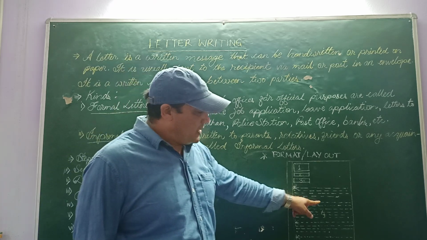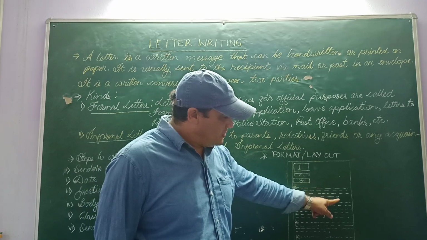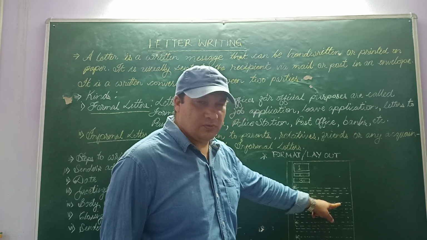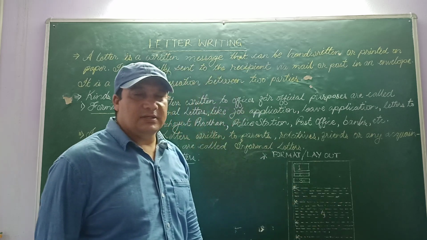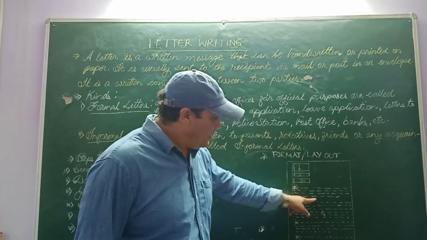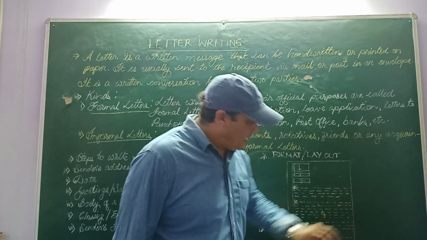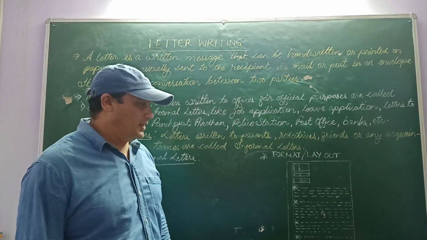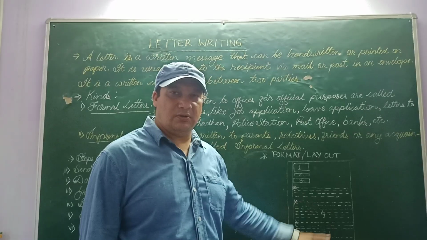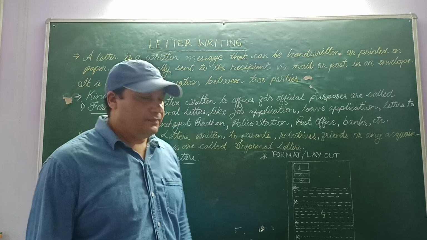Now, the next paragraph in the old pattern used to begin just after you had finished the comma or full stop, and then the line used to begin there. But now that is an outdated pattern. Write in the same margin, leaving one line, write in the same margin, right? The second paragraph is the content paragraph, the matter paragraph. Here we write the matter, the content, the reason why we write the letter.